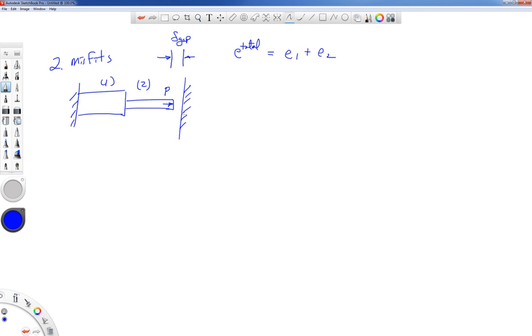And if it was exactly touching the wall, then e total would be equal to 0. But if there's a gap, and if the gap closes, then e1 plus e2 is equal to the gap distance. So we need to put this in here if the gap closes. And at that point, you have a statically indeterminate problem.